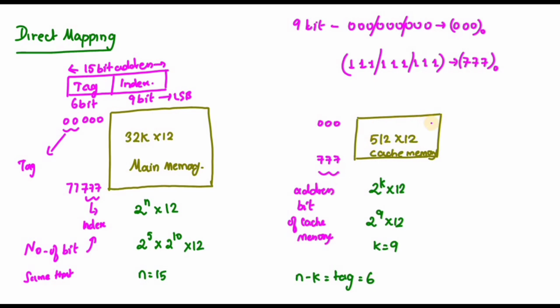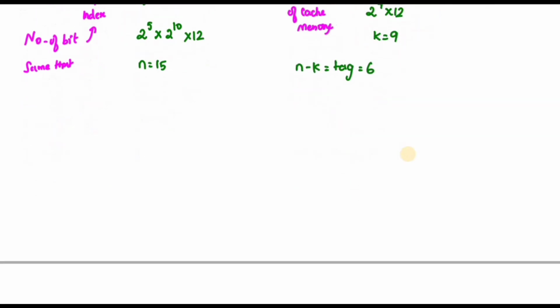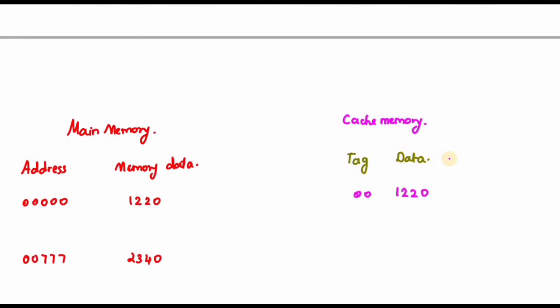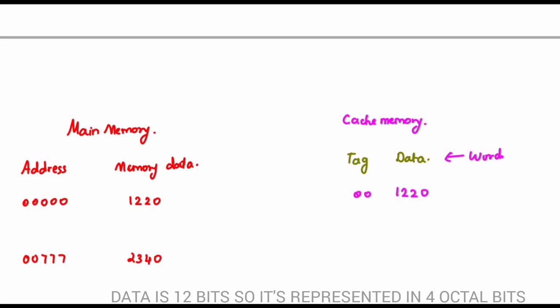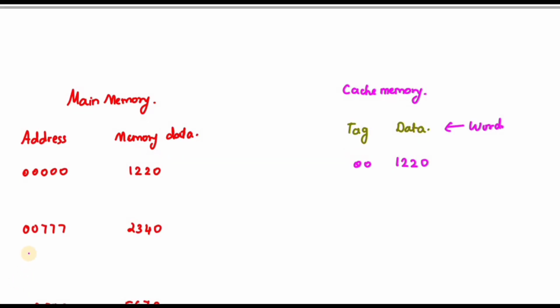Each word in the cache is divided into two parts. Here is how data gets stored in the cache memory.